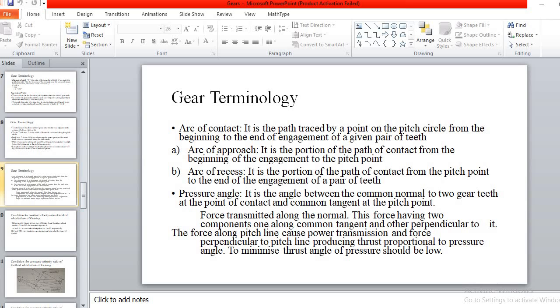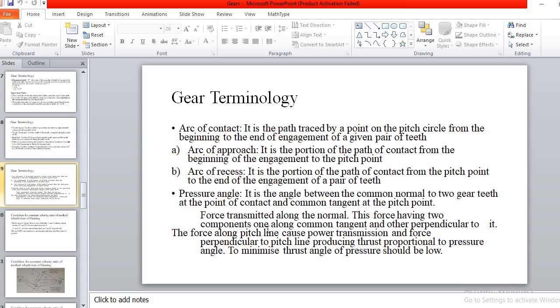So the pressure line is the common normal at the point of contact of the meeting gears.